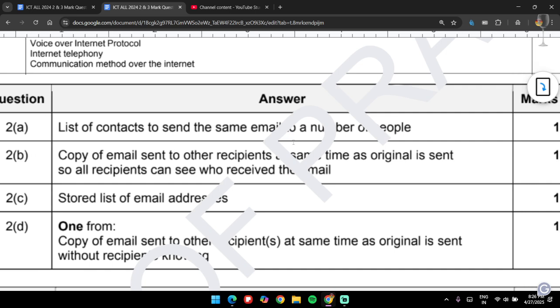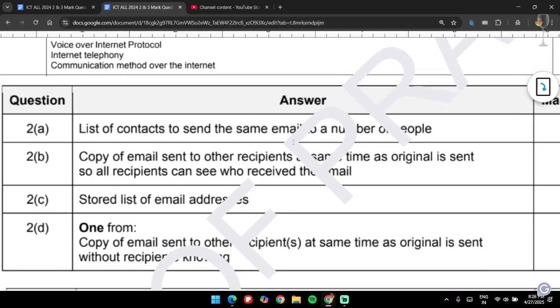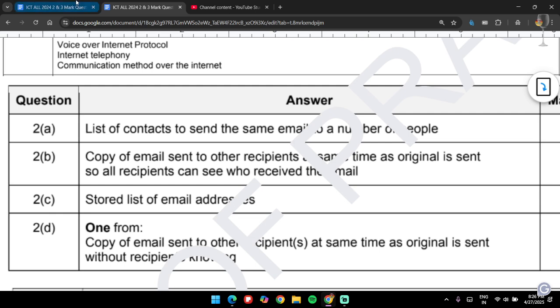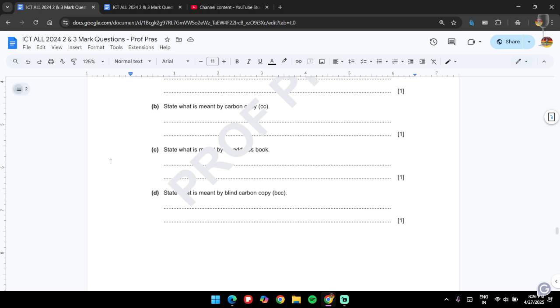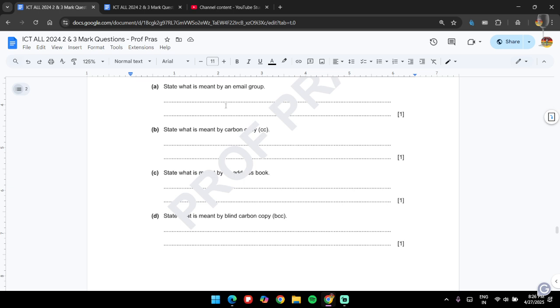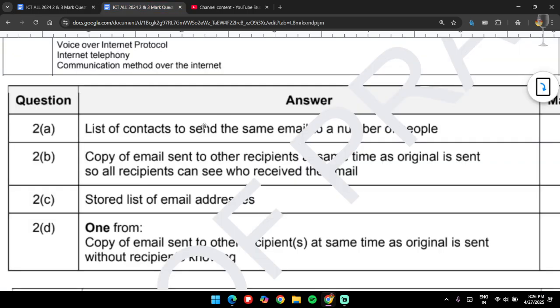I remember seeing the question, why are email groups used? There are two advantages. One, it is faster to send the email because you do not have to type each recipient's email address. And two, it ensures that no email recipient is left out while sending the message. So that's what an email group and its advantages are.